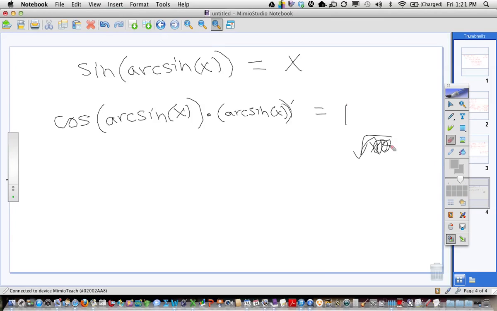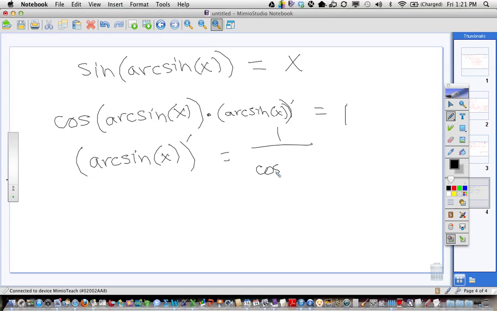So I did the derivative of both sides. Now, what I'm trying to figure out is what is arc sine prime. I want to know what the derivative of arc sine is. So what can I do? Divide this over there. So arc sine of x prime is 1 over cosine of arc sine of x.